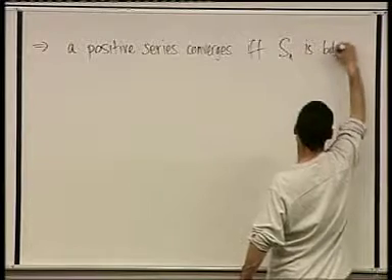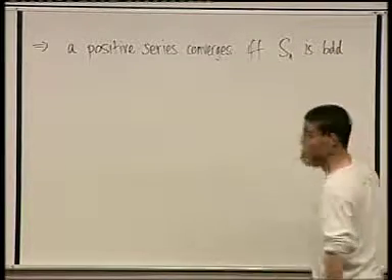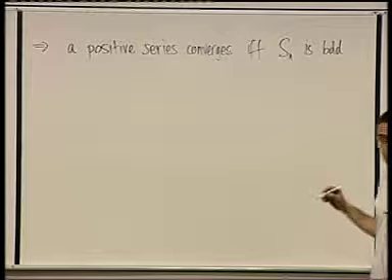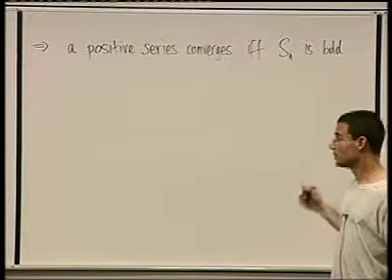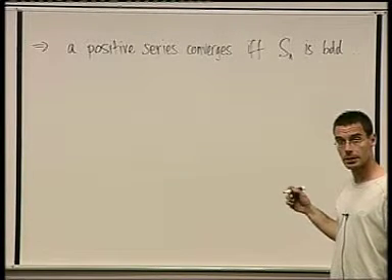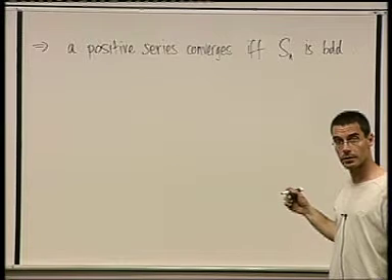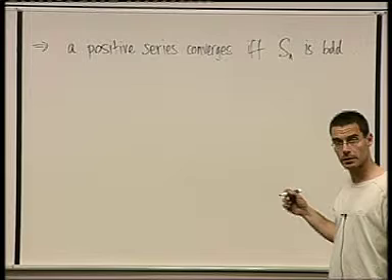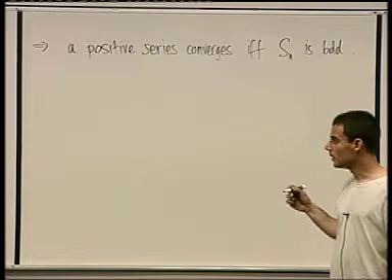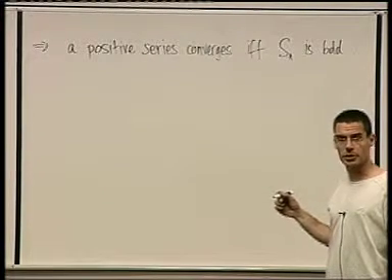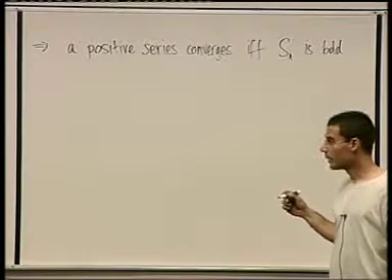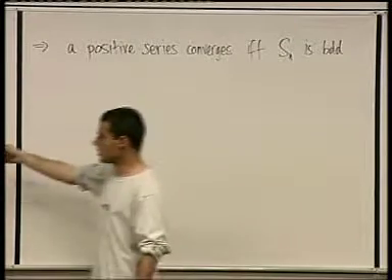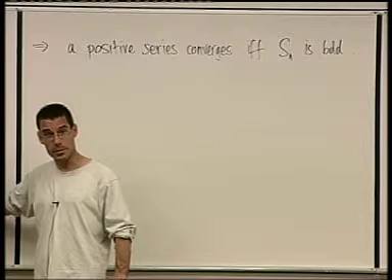Okay. Yes? Let's say the upper bound for Sn is 10. From some point on, it's between 9 and 10. But 9 times infinity is infinity. It's not bounded. I don't understand your question. We say that the limit of Sn, the sequence of the partial sums.